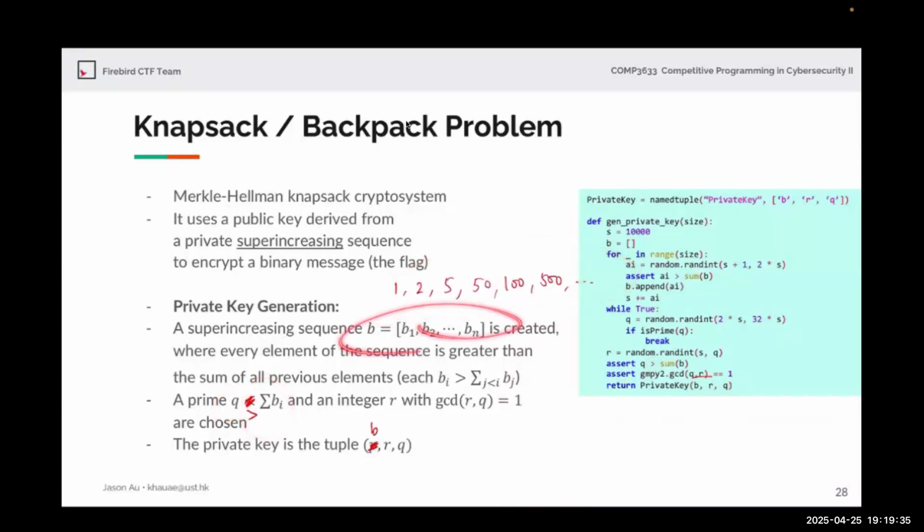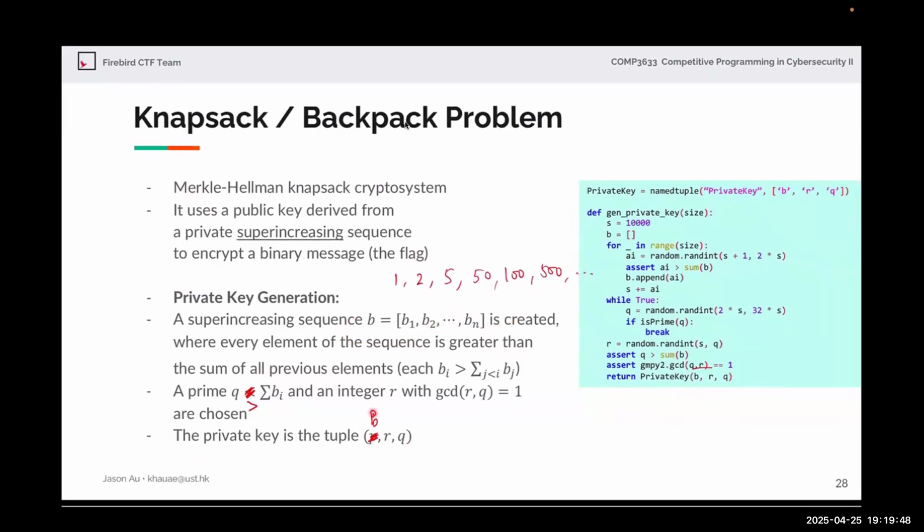And then we also have a private key, which is generated by this tuple BRQ. So the private key is BRQ. B is the super increasing sequence, R is an integer, and Q is another prime. And these two numbers are co-prime, and may be very big numbers.